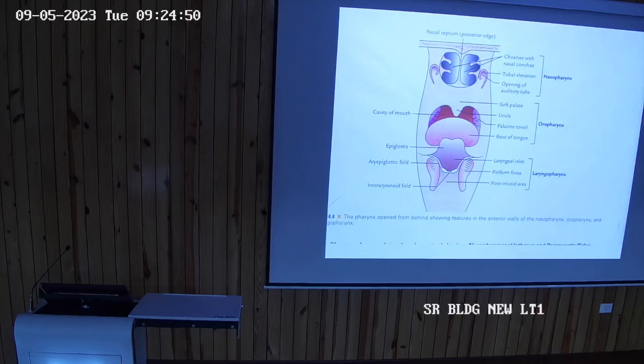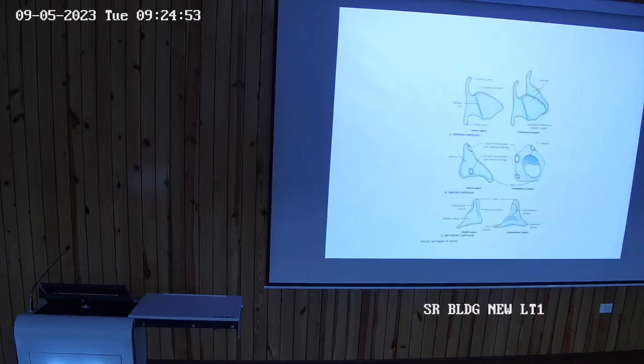After seeing this, come to the different cartilages of the larynx. Look here. The larynx consists of a number of cartilages, and we divide these into paired cartilages and unpaired cartilages. Among the unpaired cartilages, one is the thyroid cartilage. Below the thyroid cartilage there is the cricoid cartilage. I will show in the next, the lateral side of the cricoid cartilage.